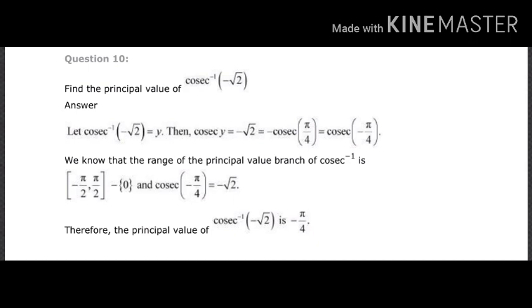We know that the range of principal value branch of cosec inverse is minus pi by 2 to pi by 2 minus 0, and cosec minus pi by 4 is equal to minus root 2. Therefore, the principal value of cosec inverse minus root 2 is minus pi by 4, as minus pi by 4 lies in the given interval of cosec inverse.